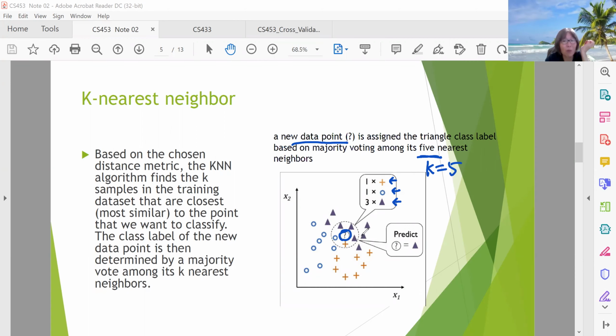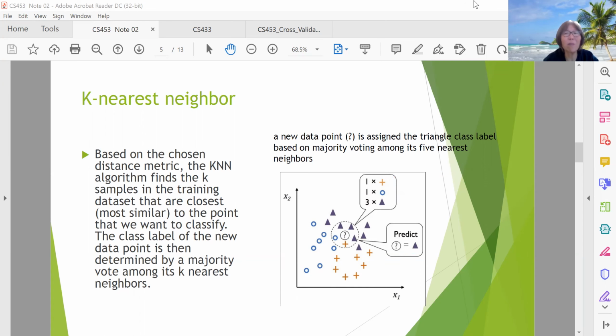Clearly in this diagram, within this circle are the 5 nearest neighbors. And among these 5 nearest neighbors, what is the majority class? Clearly we can see the triangle, we have 3 and the others just have 1. So this is majority vote, and you predict it as triangle, okay? So this is the KNN idea.